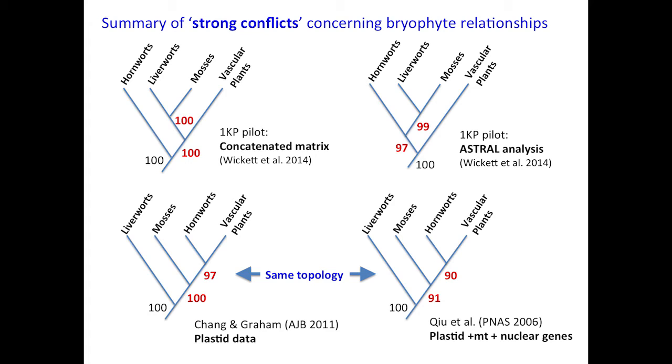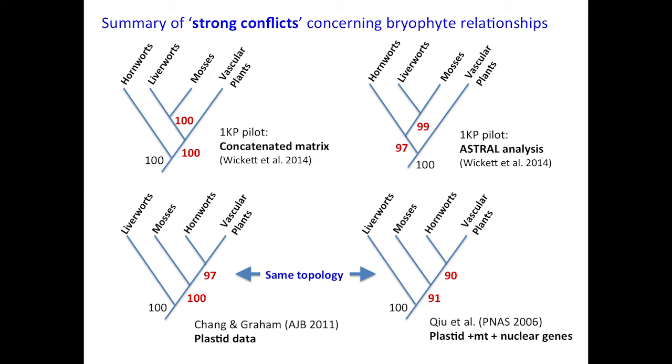So this is some work that a PhD student of mine, Ying, who's in the room, produced a few years back with a nicely resolved phylogeny of land plants, very nice support. Here's a study by Yinglong Chu, who also found a similar phylogeny with different types of data, but both are sort of heavy with plastid information.